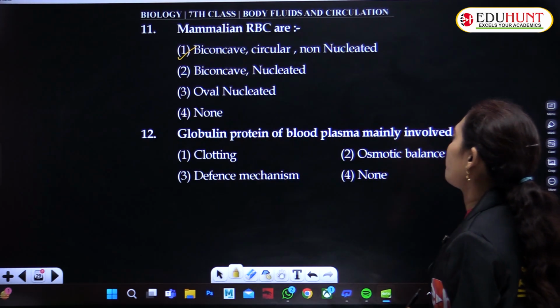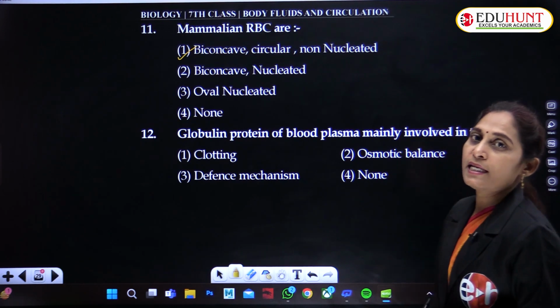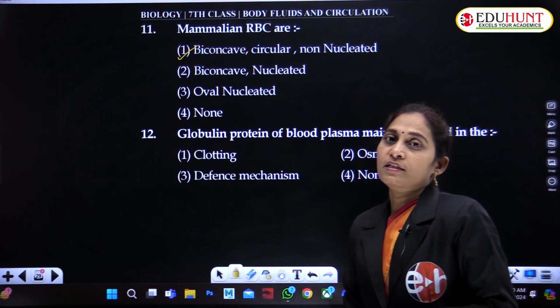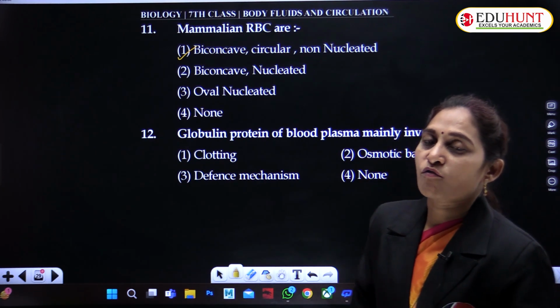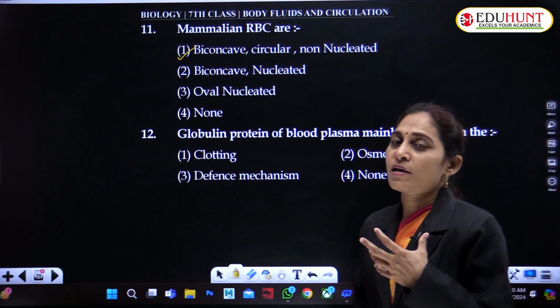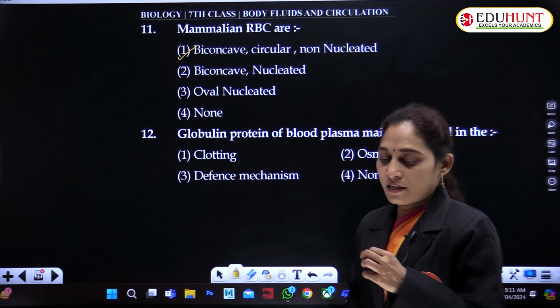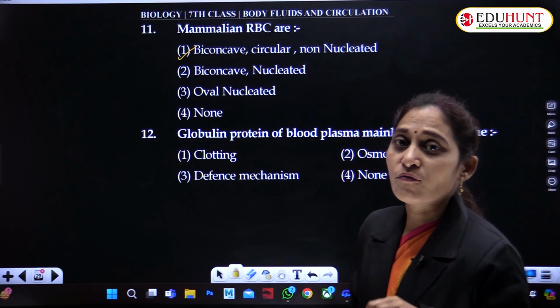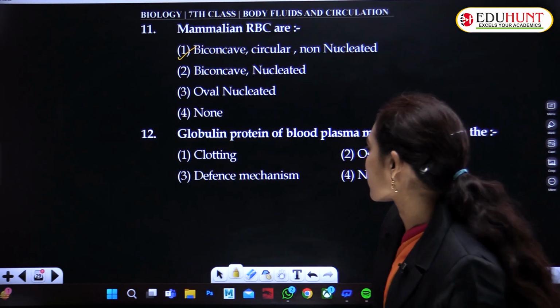Globulin protein of blood plasma is mainly involved in, we have two different types of proteins, albumin and globulin. Along with that, in plasma there are several proteins like fibrinogen that is involved in the clotting process.